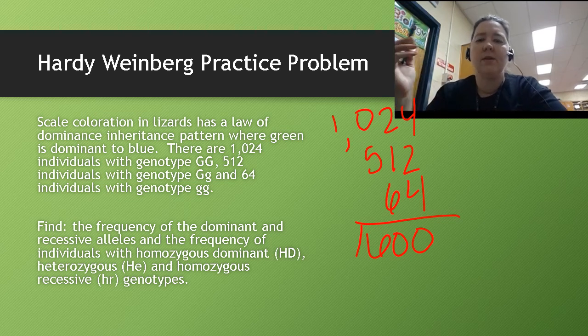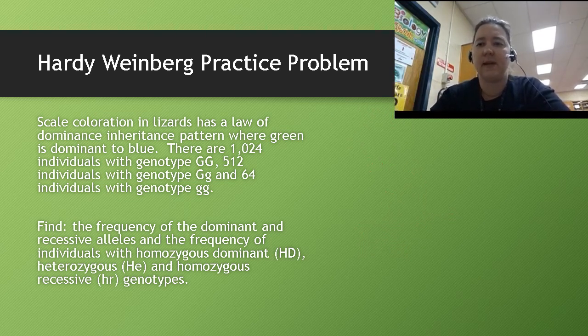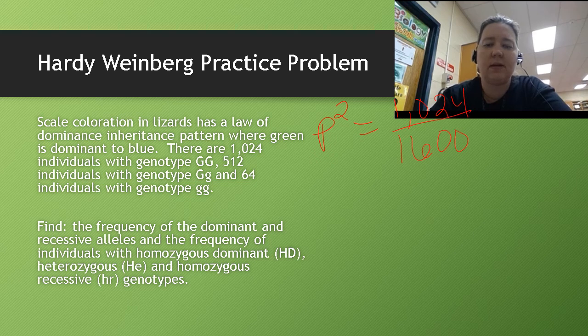Since we know it's 1,600 individuals, we can easily find p squared, because 1,024 over 1,600 is going to give us our p squared individuals. So that should equal 0.64.